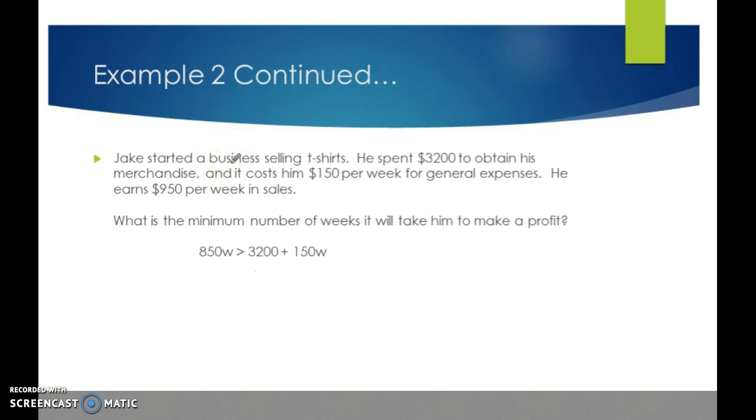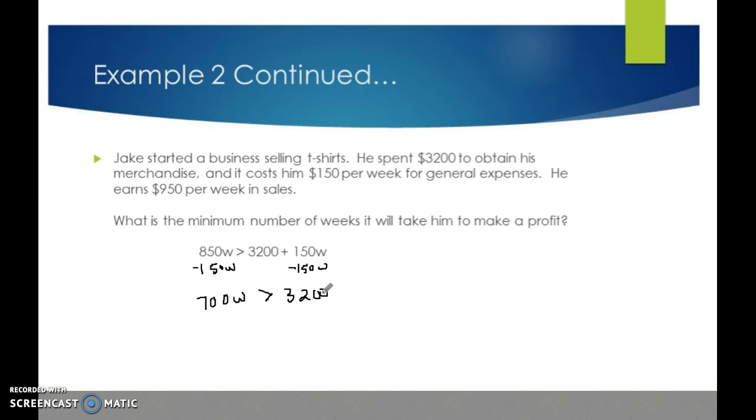So then to actually solve this one, to figure out how much he would need at a minimum per week to make a profit, you've got your inequality. Now you just have to collect like terms on one side. So subtracting 150W ends up with 700W is greater than 3,200.